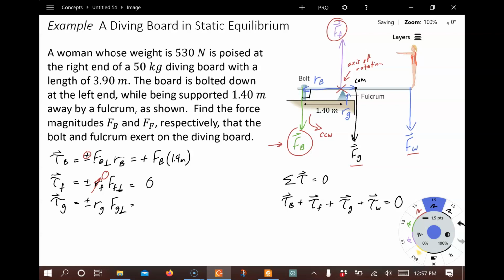So the whole board is 3.9 meters, right? And so half of that board, let's say from here to here, 3.9 divided by 2 is going to give us a value of 1.95 meters, right?